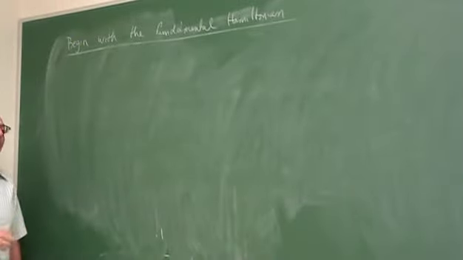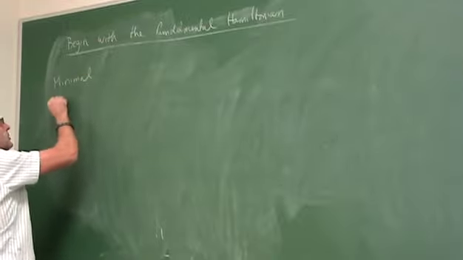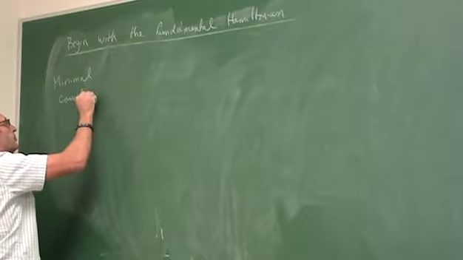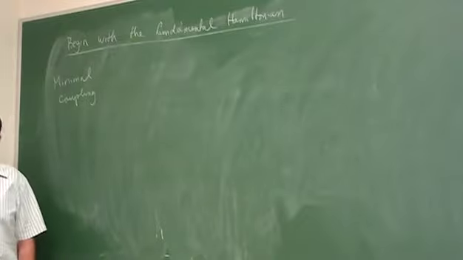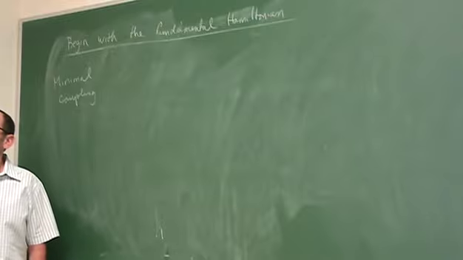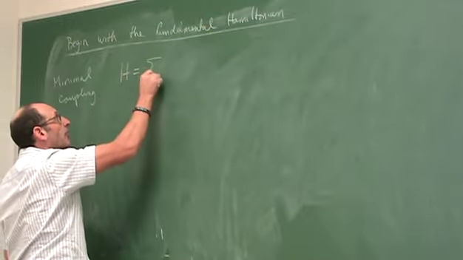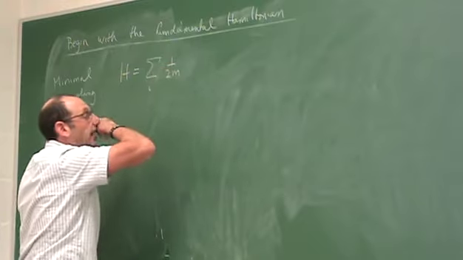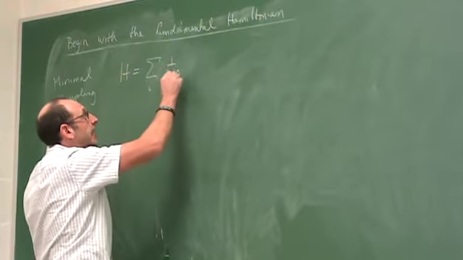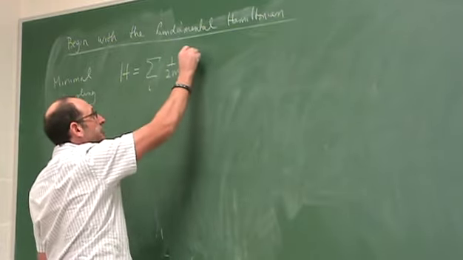Well, what's often called the minimal coupling Hamiltonian, which one can derive from a fundamental Lagrangian for charges interacting with electromagnetic fields, would say the Hamiltonian would be the following. Now, the sum over all the particles, the kinetic energy depends on the canonical momentum and the vector potential.